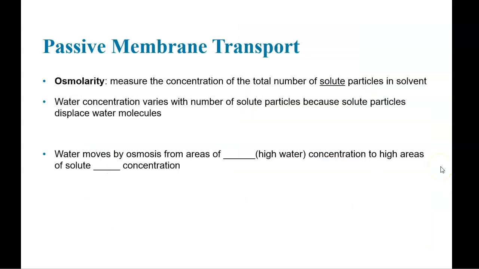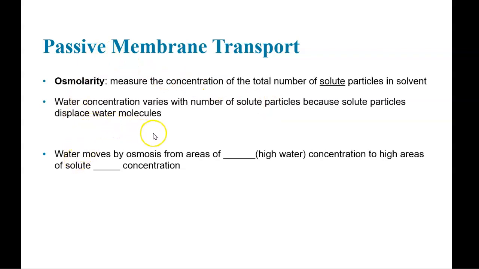Osmolarity is the measure of the concentration of the total number of solute particles in the solvent. And water concentration varies with the number of solute particles because the solute particles will displace the water molecules.